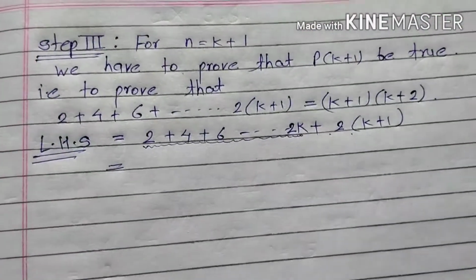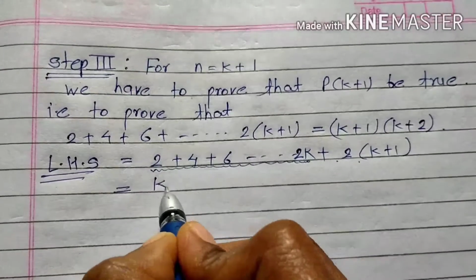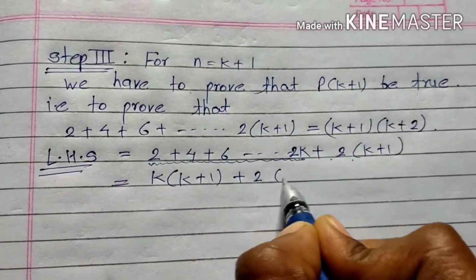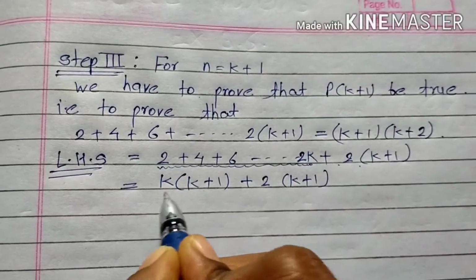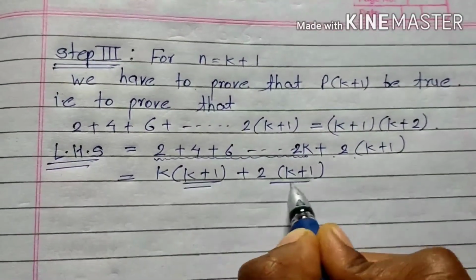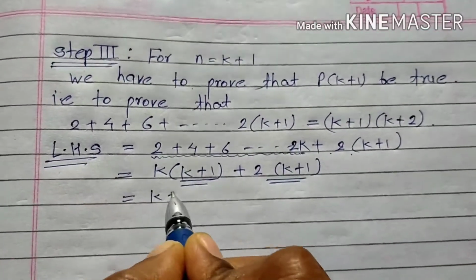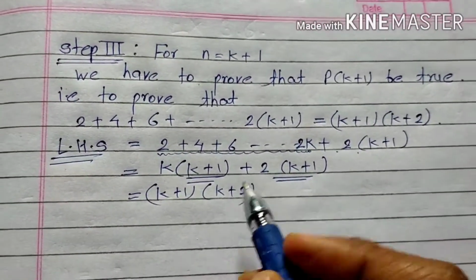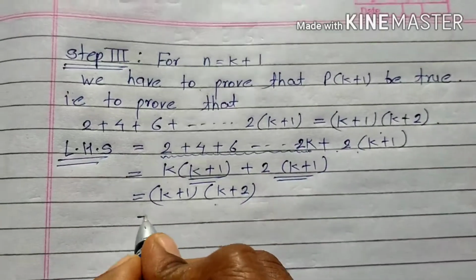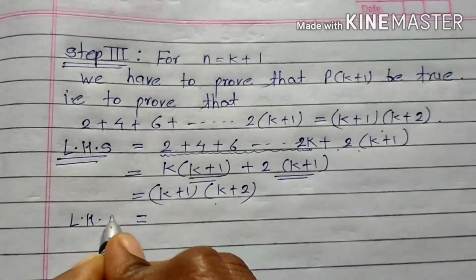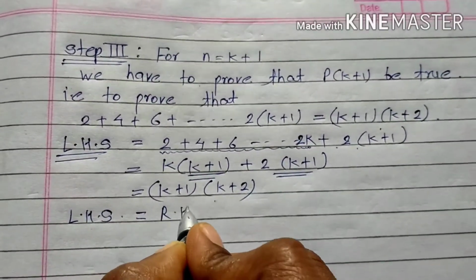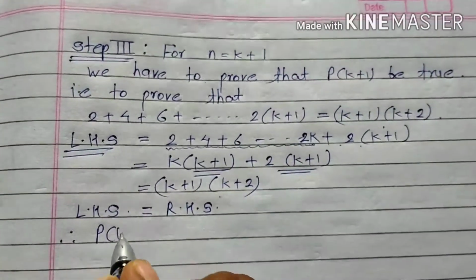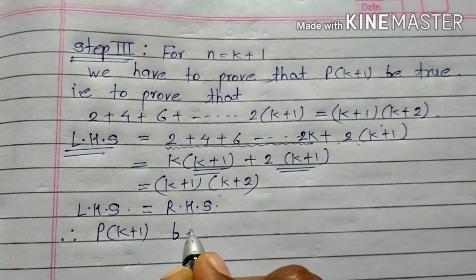So here write k into k plus 1 plus 2 into k plus 1. Now k plus 1 common, so here k plus 1 and this is k plus 2. So you can observe that this is RHS. So here LHS is equal to RHS. So therefore P of k plus 1 be true.